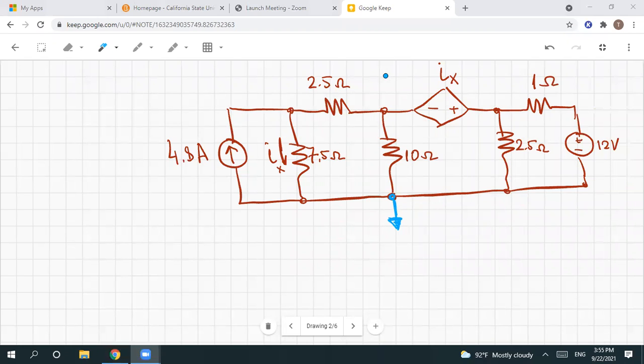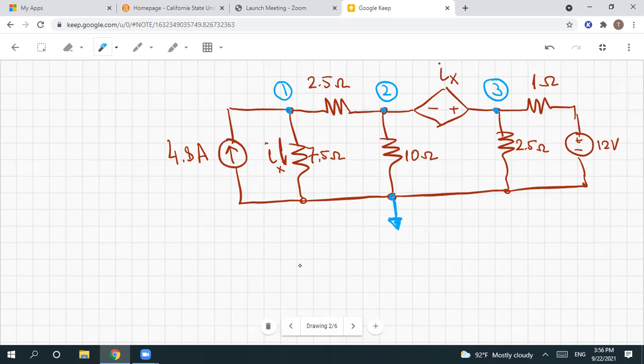Okay. So what are the unknown nodes? So this will be 1. So we need to name them. So this will be 1, this will be 2, and this will be 3. So we have 3 unknown voltages, okay?